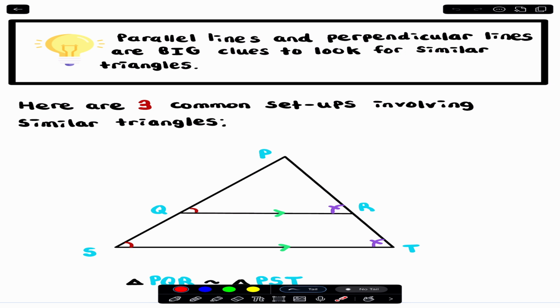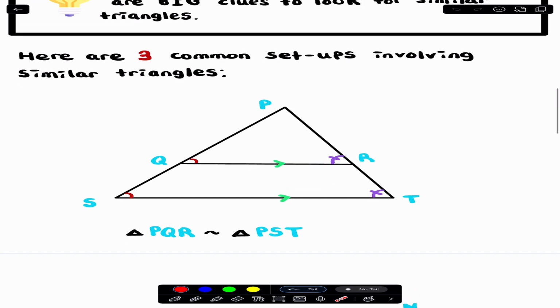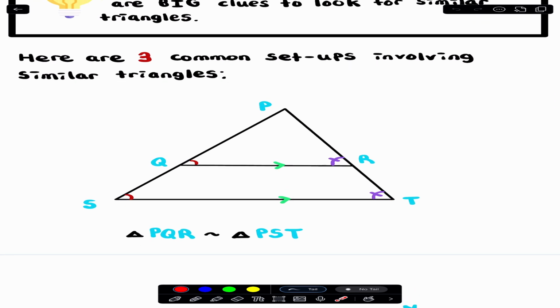Now, your first common setup will look something like this. So what we've got going on here is basically just some parallel lines running like this. And it doesn't have to be orientated this way, just as long as you have 2 parallel lines, one on top of the other.